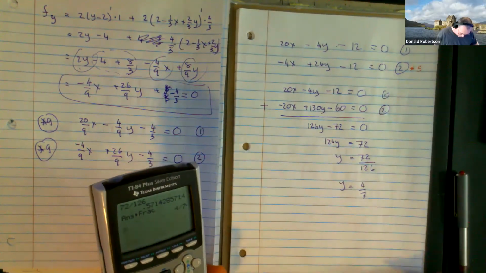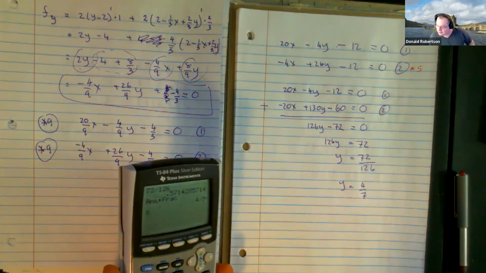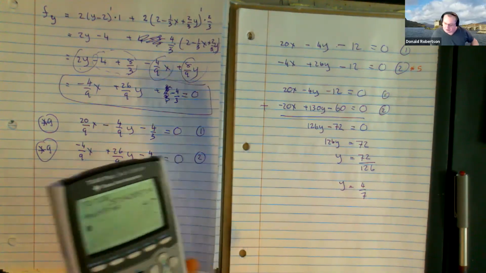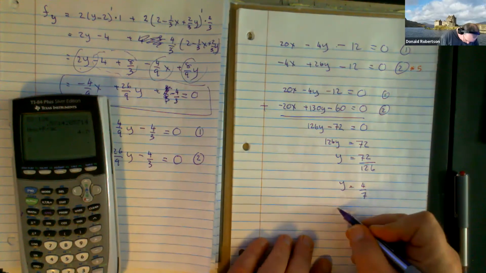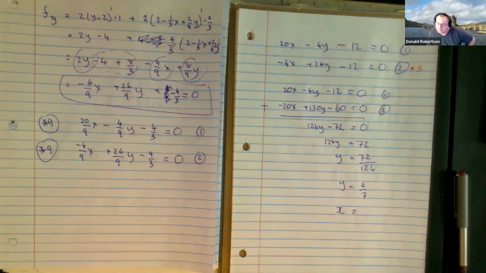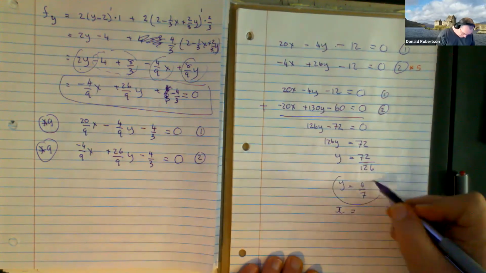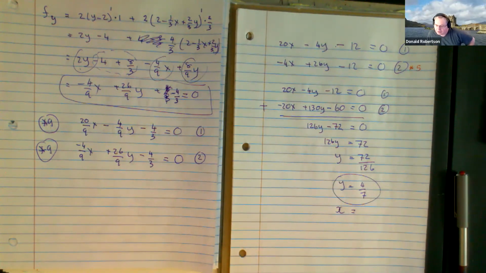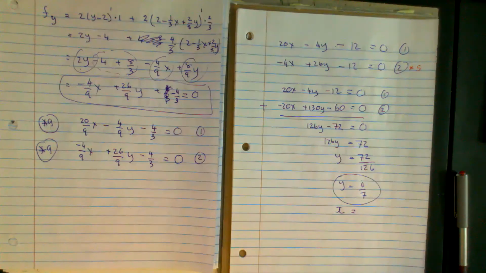Wow, that's actually not bad, right? Could have been a lot worse. Now, if you know y is 4/7, how do I find the x coordinate? Think, oh, back to Math 99. I know it's a long time, but how do I get x?